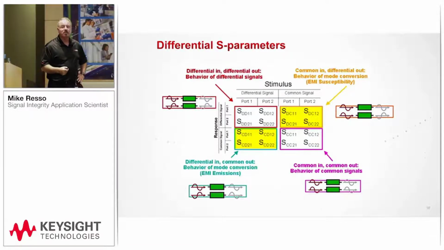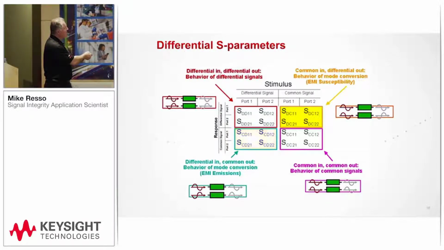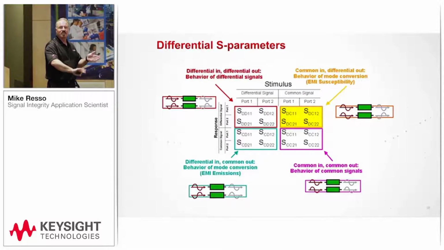These are what we call the mixed mode S parameters. Quadrant 2 has a lot to tell us about EMI susceptibility. So this is that case where we have a common input signal that's incident on a differential pair. And if we have a perfectly symmetric differential pair, then we should reject that.